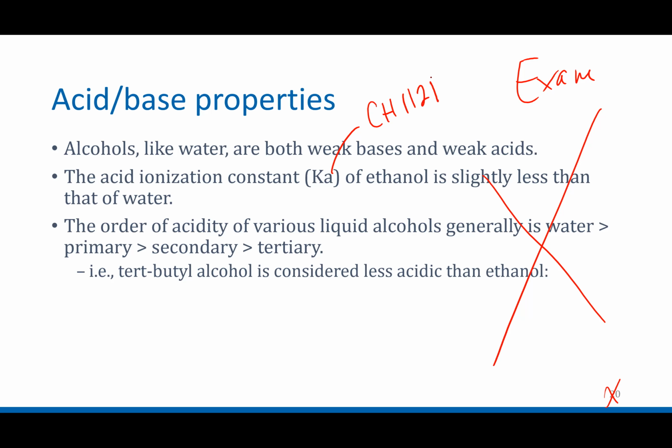I don't know if you remember that from 1121, but it's very similar to that of water. It's just slightly less. So the order of acidity is typically water a little stronger, then primary, then secondary, then tertiary. I'm only showing you this for the lab tomorrow. So not on the exam, but yes, in your lab.